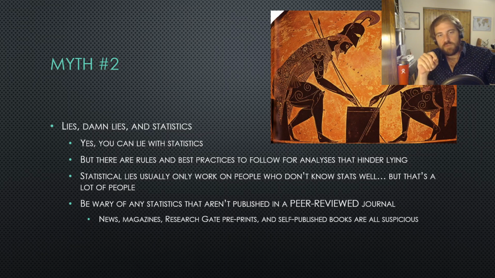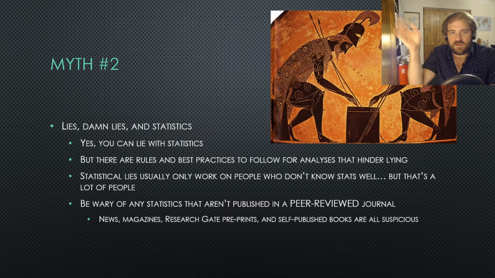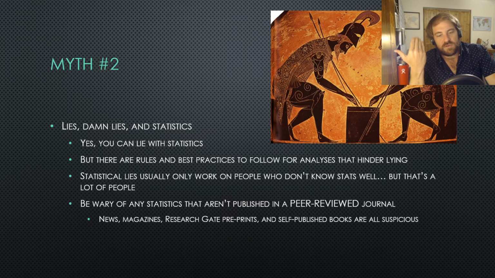This peer review process stops people from lying with statistics, like saying there's a difference here when actually there's not. When you get data from a source that isn't peer reviewed, like news, magazines, preprints, which are journal articles that haven't been read by reviewers yet, self-published books, tweets, things on Facebook, anything that looks like they've done some data and put a graph on it, it doesn't mean that it's peer reviewed.